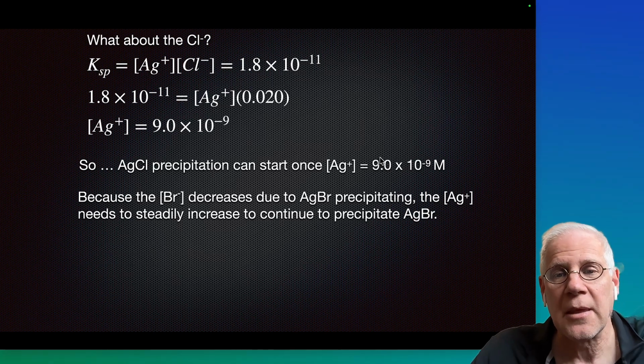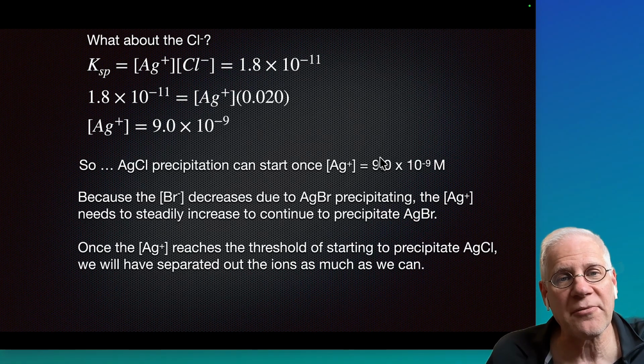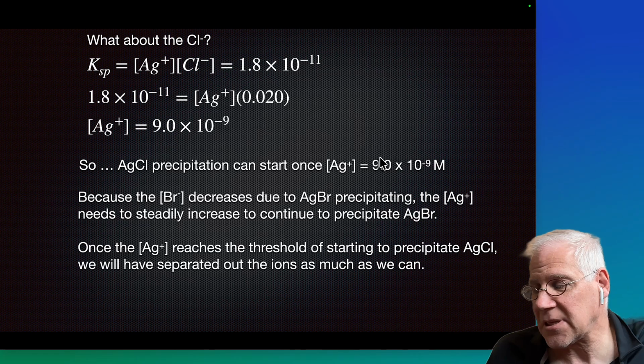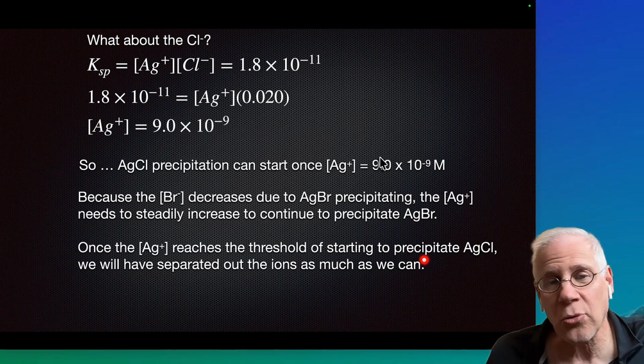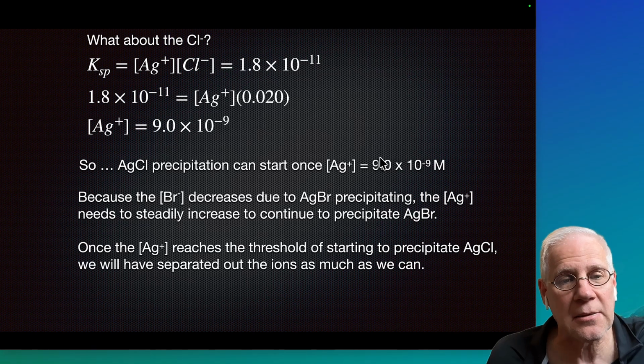So eventually, my silver concentration goes up and up and up from the original 10 to the minus 11. Once it reaches that 9 times 10 to the minus 9, then at that point, I'm right at the threshold of being able to precipitate silver chloride. And at that point, I have separated out the ions as much as we possibly can.